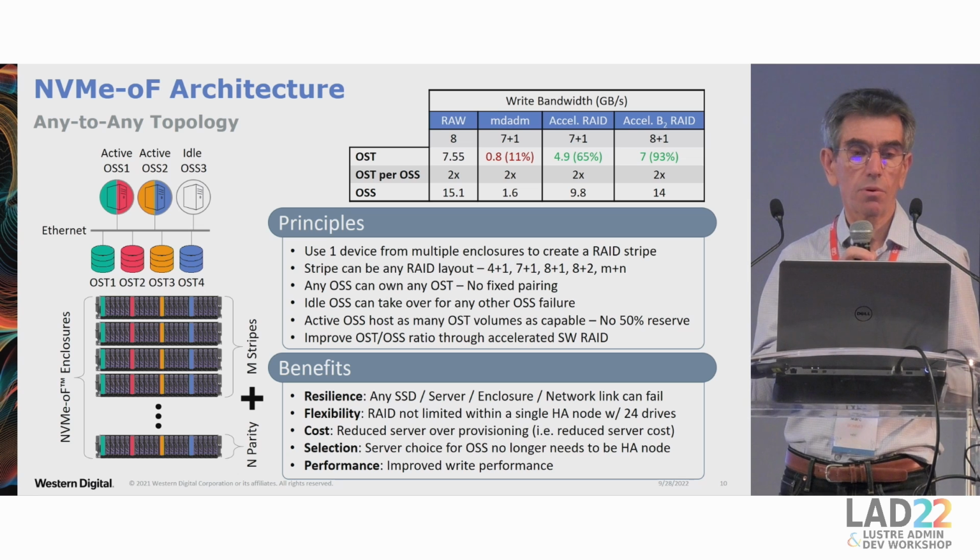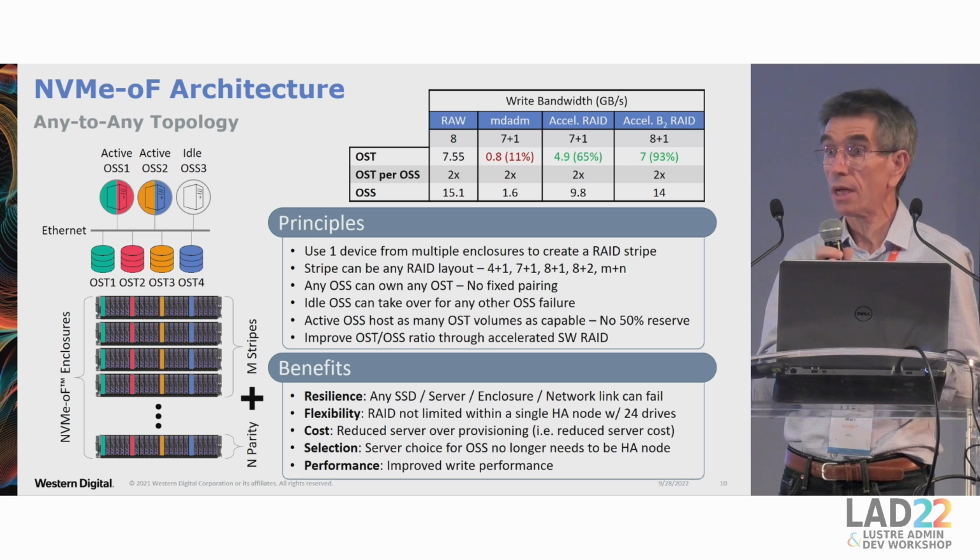In this example, you can see you have an idle OSS 3, which is ready to become active as soon as one node goes down. In fact, this extra OSS in idle mode is not necessarily required.